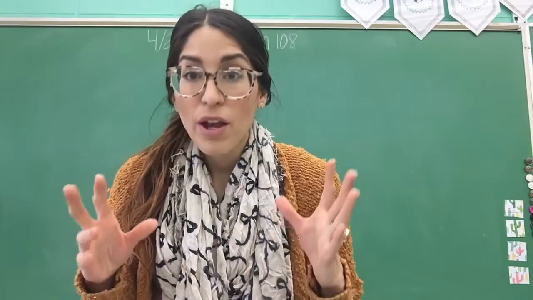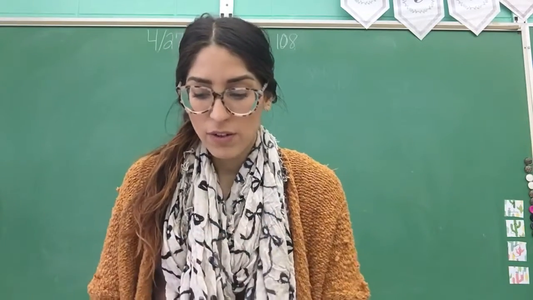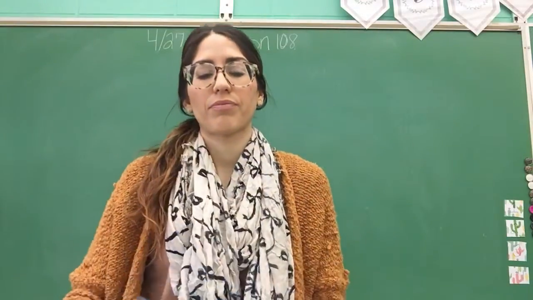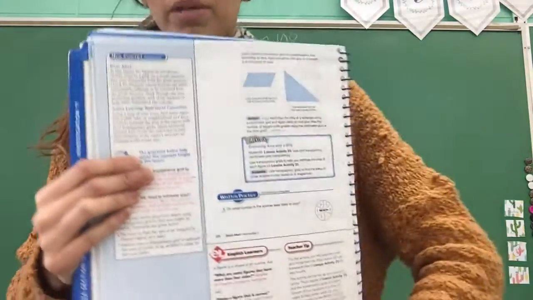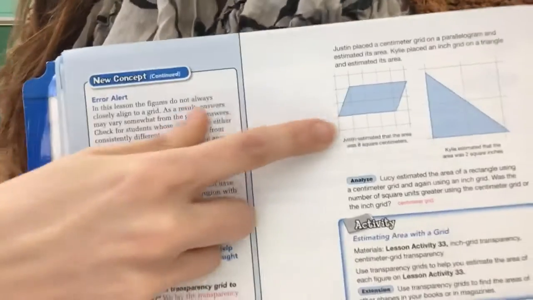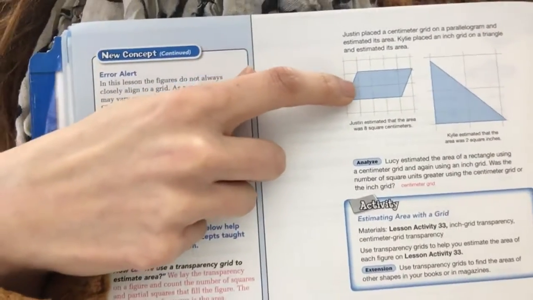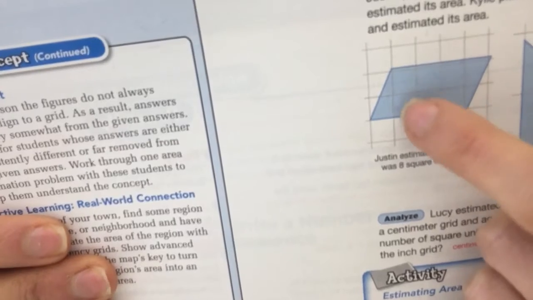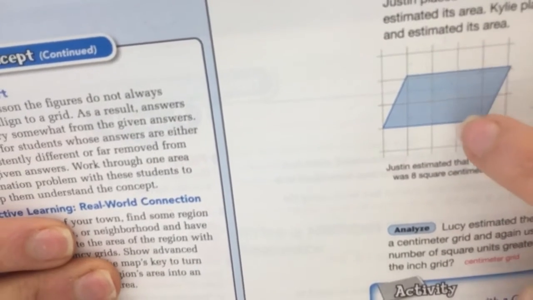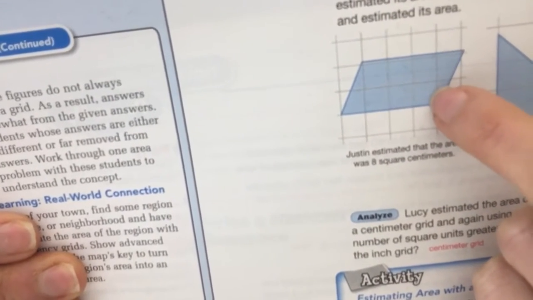these grids, right? I'm going to hold my math book close to you so you can figure it out. We're going to be counting the squares again, okay? That's how we estimate our area. If you see here, we have 1, 2, 3, 4, 5, 6.